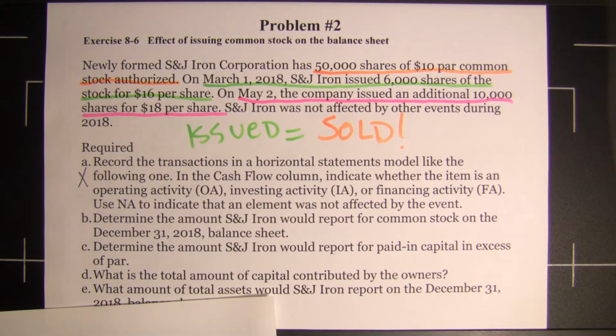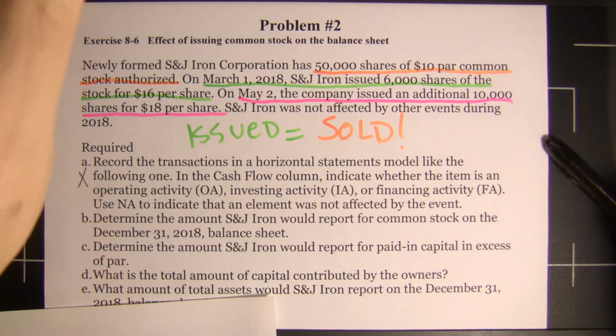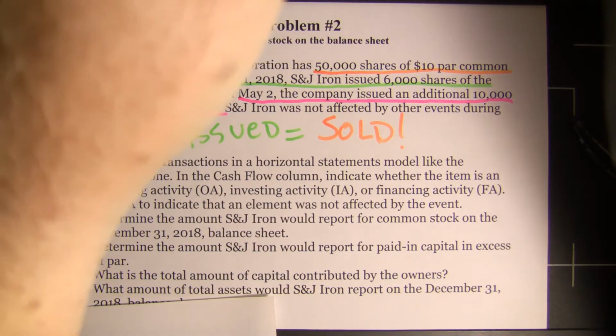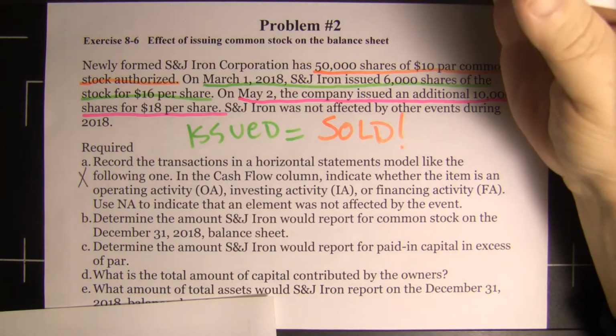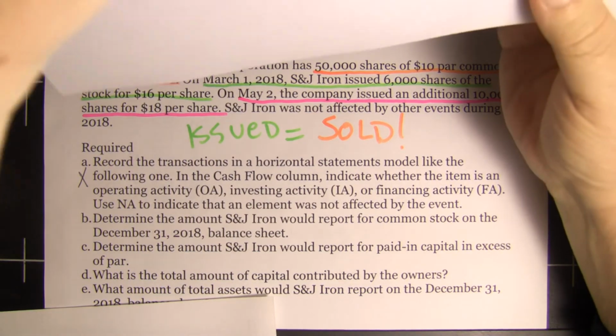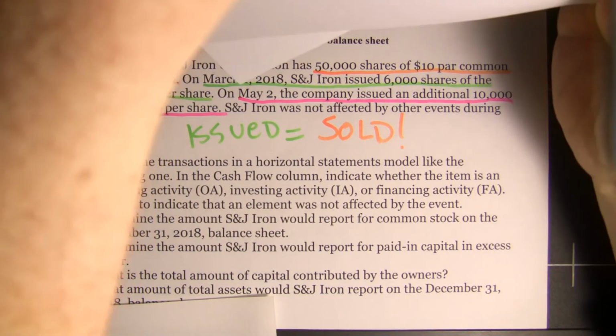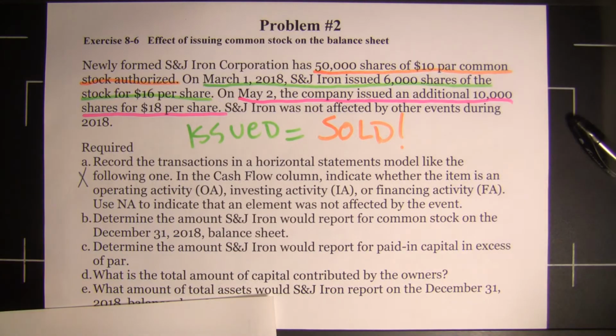Okay. Determine the amount that S&J Iron would report for common stock on their balance sheet at the end of that year. Well, I think you can see this, but I want to make sure I don't say anything stupid, something I'm very capable of doing.